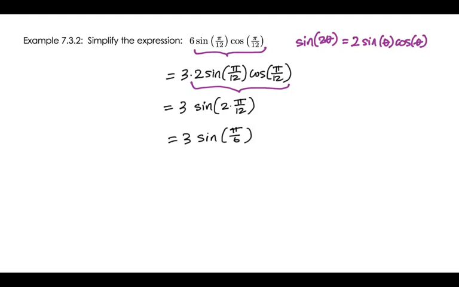And because it ended up in the double angle formula, now I've got an angle that I can evaluate on the unit circle. I can look at my unit circle and see that sine of pi over 6 is 1/2. And 3 times 1/2 is 3/2, or 1.5. Okay. So noticing that things look like these double angle formulas can simplify things a little bit.